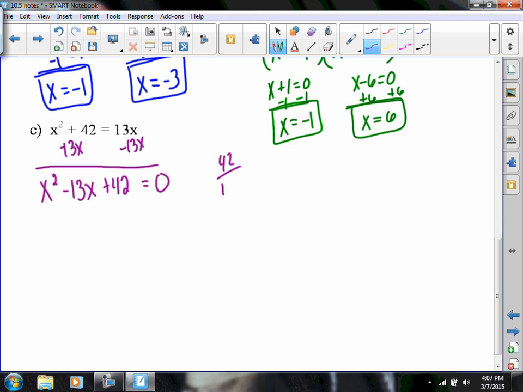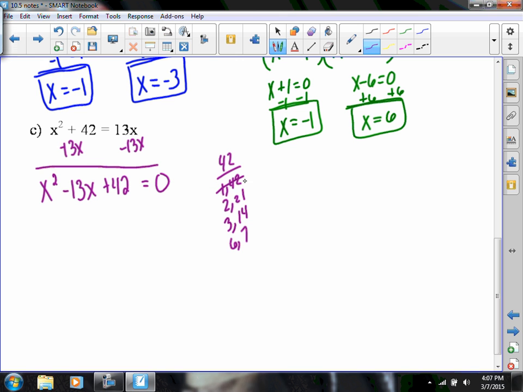So I could have 1 and 42. I could have 2 and 21. I could have 3 and 14, I believe. I could have 6 and 7. And I need a combination that's going to get me to 13.